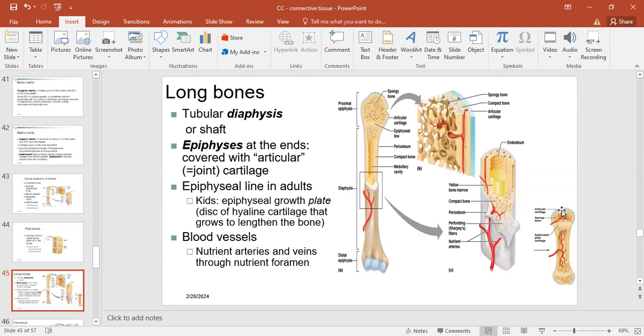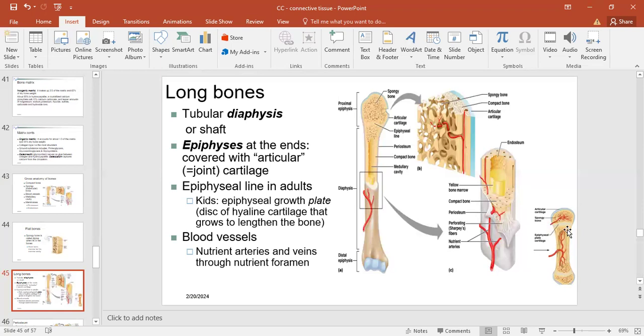As the bone develops, there is calcification here and in the epiphyses, but there is a small plate of cartilage that remains between the diaphysis and the epiphyses, and that plate of cartilage allows for elongation of the long bones.